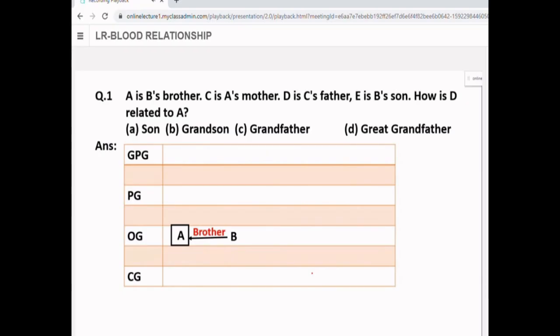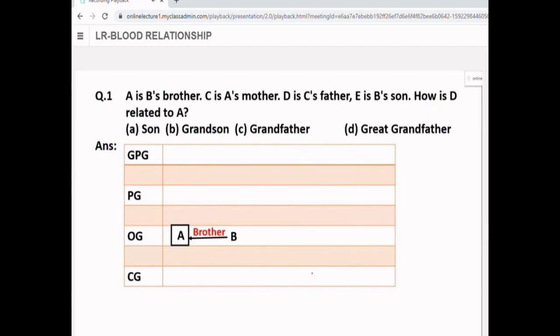Now see this. What are they saying? A is brother of B. I wrote A, I wrote B, an arrow from B to A, and it says brother. When you do it, there is no need to write brother in full; you may write just bro. A being brother, we know the gender of A. A is male, so a rectangle for A. Any doubt with the first sentence?